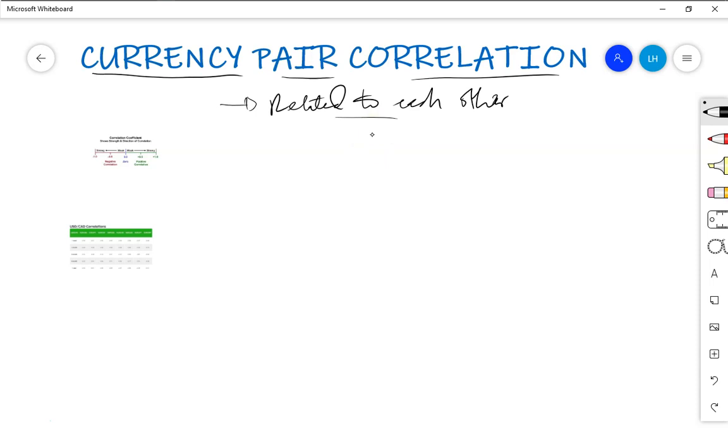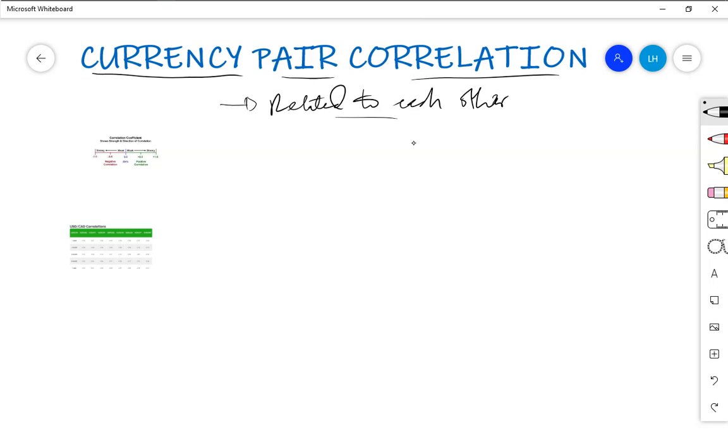So you can find that two currencies may have a positive relation, whereby a rise in value of one currency has the same effect on another currency, which will move in the same direction and also rise. And if it is a fall, they will all fall. That is what we call a positive relation.